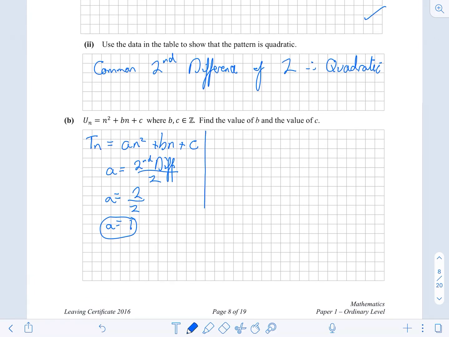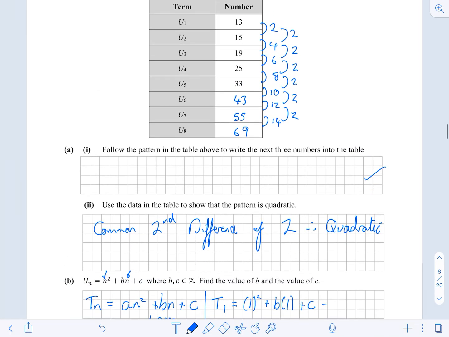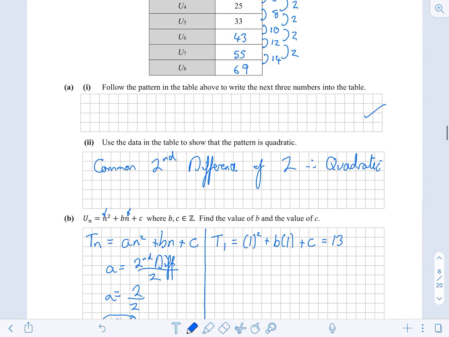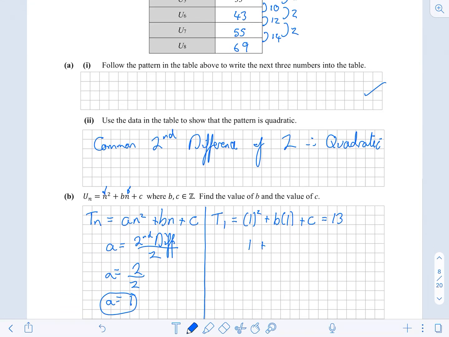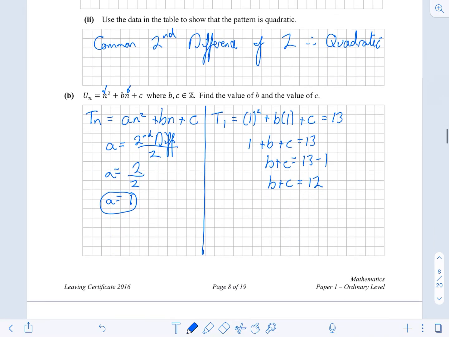We now know that T1 must equal 1 squared plus b times 1 plus c, because we put a 1 into each of the n's here. That's T1, but we also know that T1 is equal to 13. So 1 plus b plus c is equal to 13, therefore b plus c must equal 13 minus 1, so b plus c must equal 12.